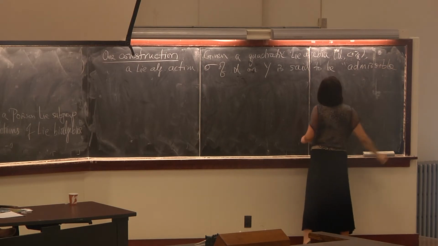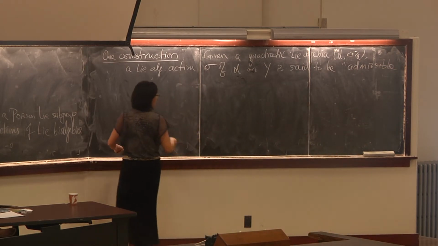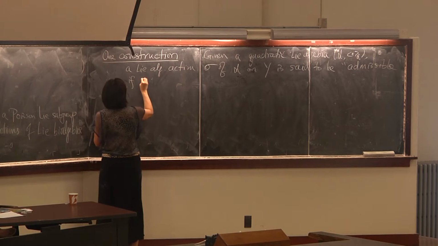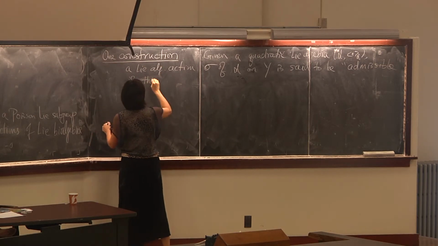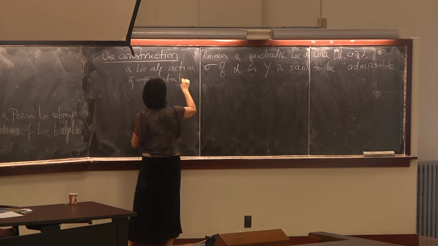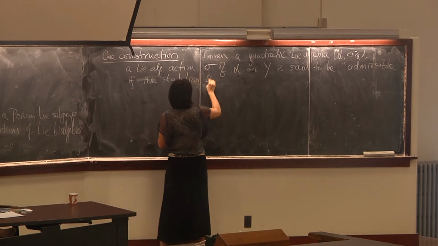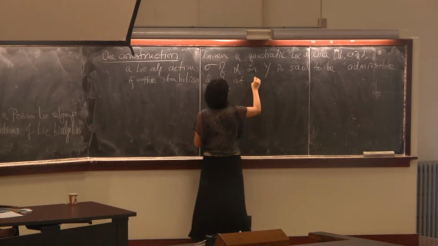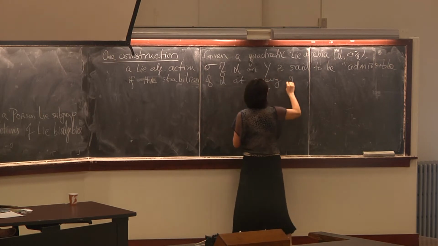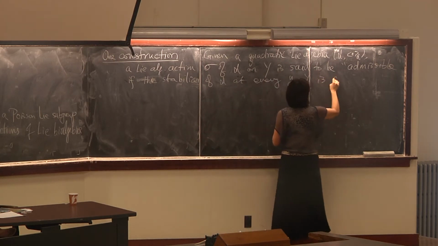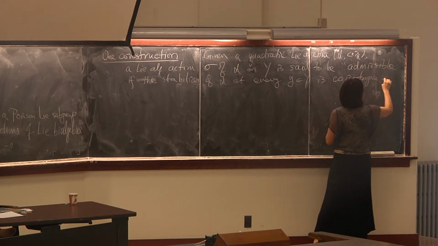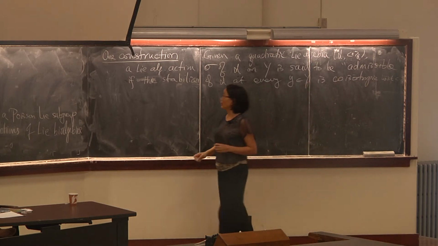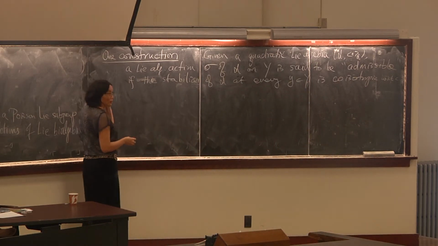It's just a short way of talking about things. It's admissible if the stabilizer at every point is coisotropic. This is with respect to the bilinear form. Okay? And then the construction is the following.